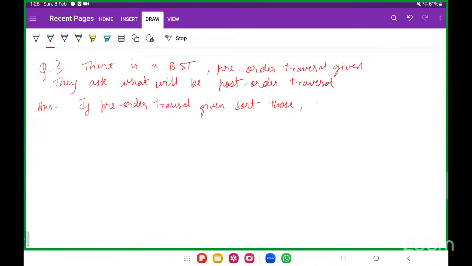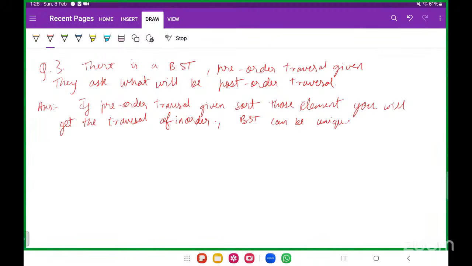Sort those elements, you will get the in-order traversal. A BST can be uniquely constructed using pre-order and in-order traversal.